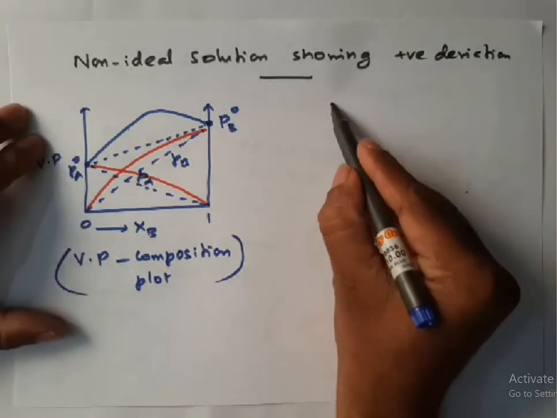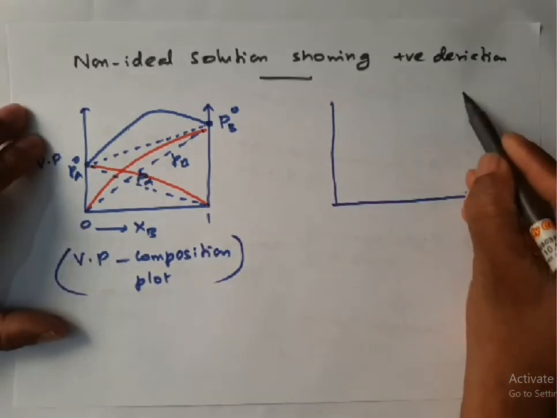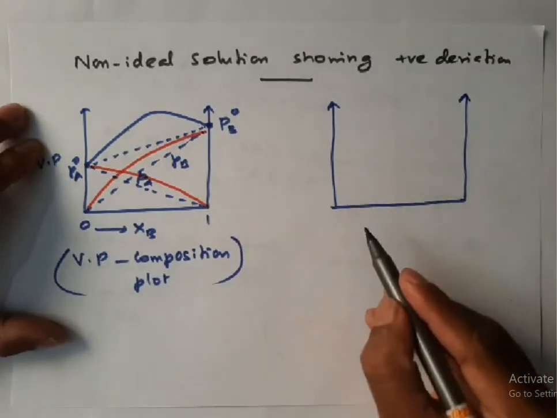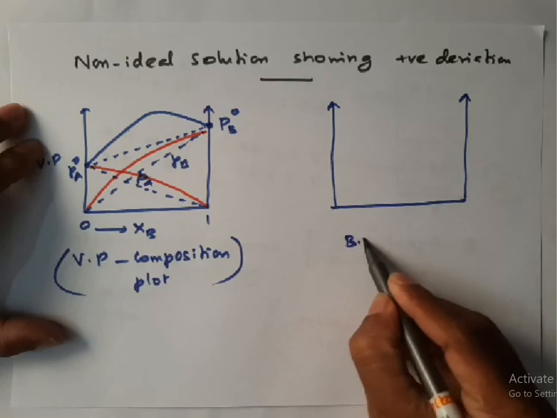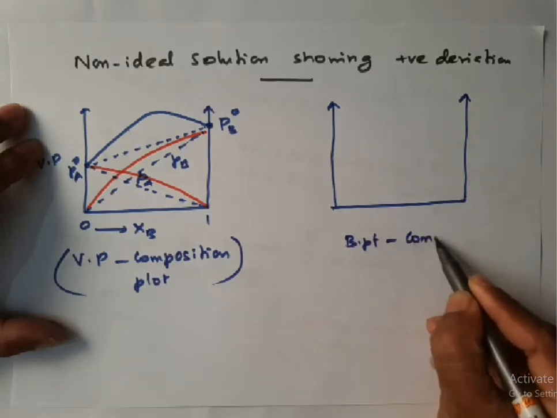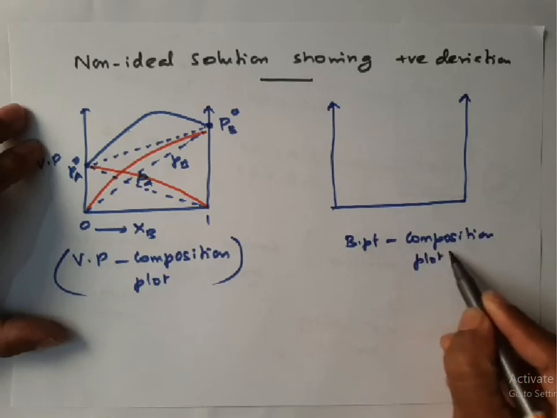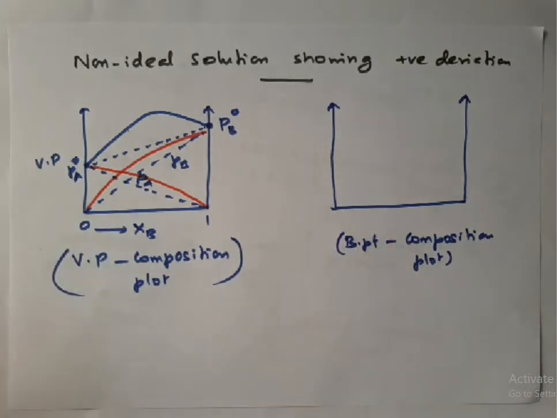Now I'll show you another important plot. This is actually the boiling point composition plot. Anyway, we discussed it in the last class. I'll just brush up before going further.